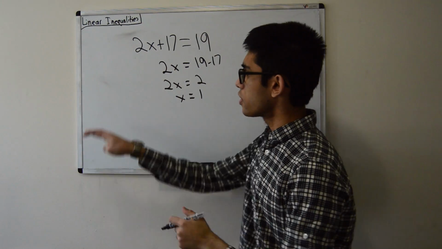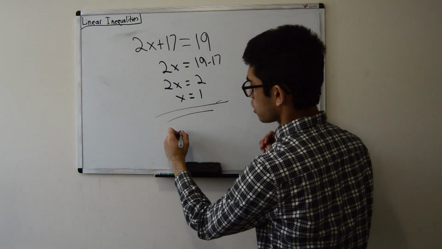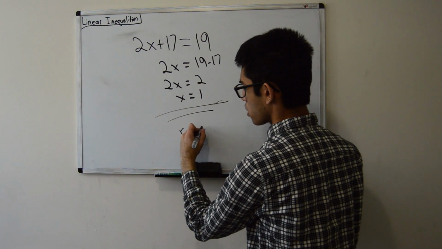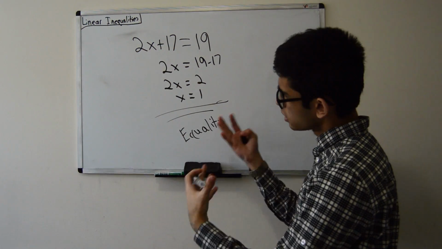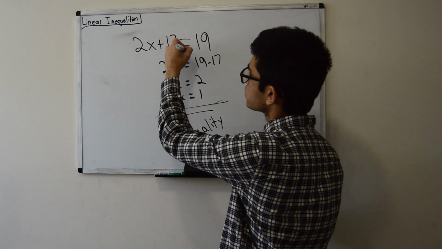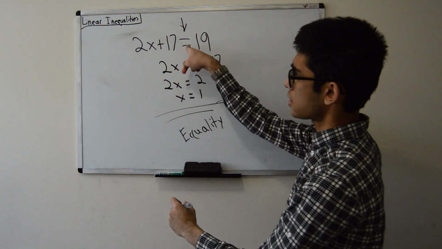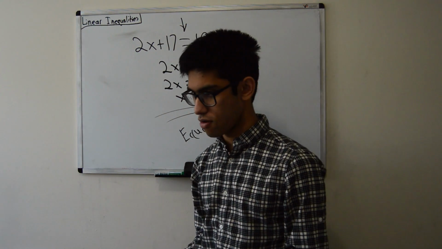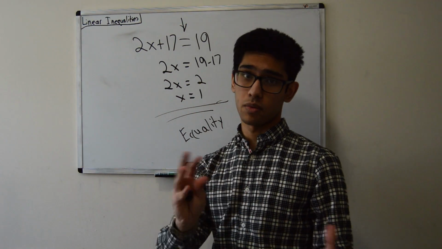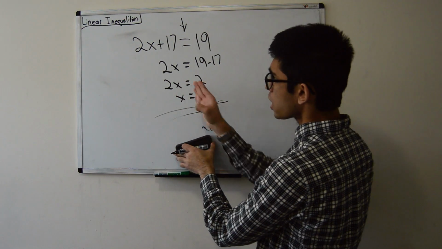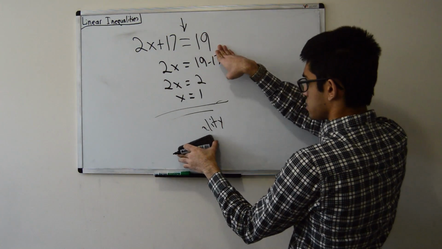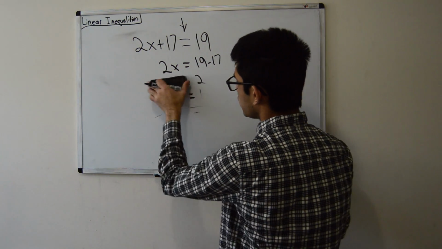So this right here is called an equality, or an algebraic equation that you solve for x. We call it an equality because of this sign right here. You see that sign? That's an equal sign, so it's no surprise that this is called an equality. So x equals 1, so if x is equal to 1, then this side is equal to this side. That way you can call it an equality.